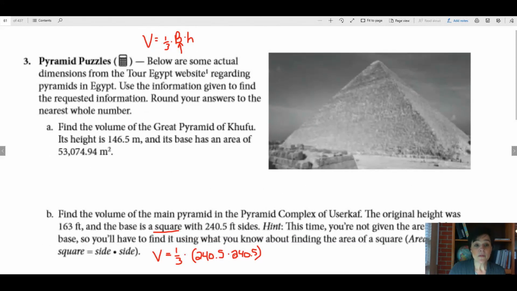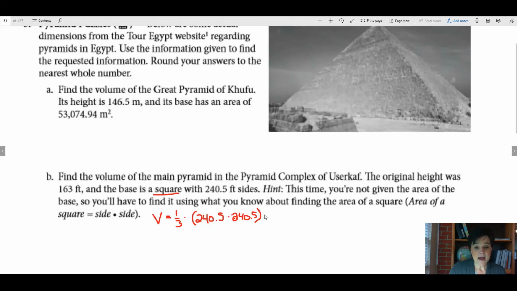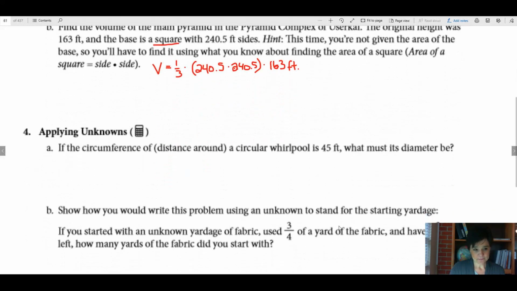That'll give you the B. And then times the height was 163 feet. This will kind of be how you work this one out. See how I told you you can work it in there to it? So that's what we've done. Okay, so that's how you'll figure that one out.